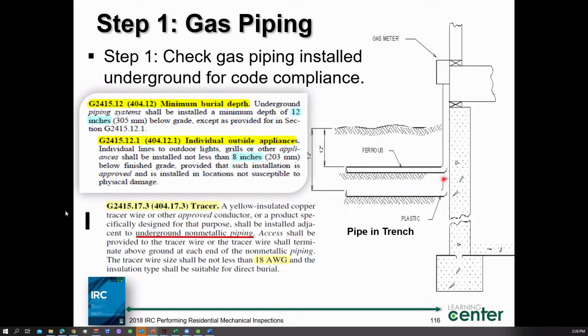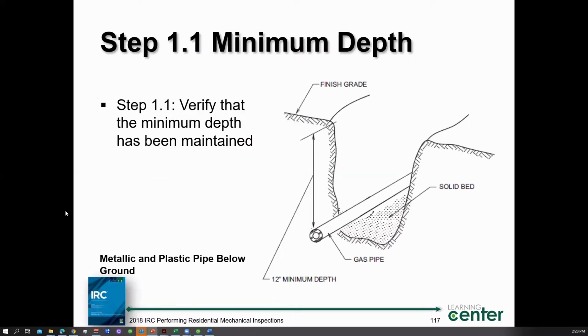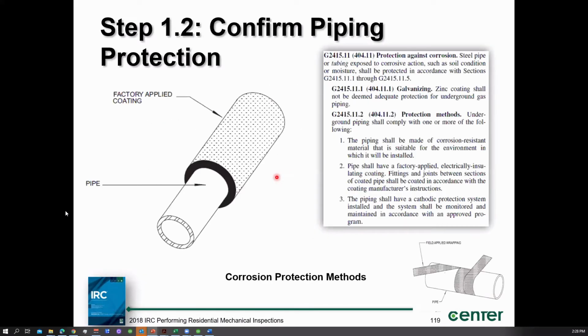They have a metallic tape with a metallic wire on it that you lay right over this thing. It's so we can find, ladies and gentlemen, the gas piping underground by using electronic detection methods. So here we go. Minimum depth, we showed you where that was at. And let's move on here. Piping protection.